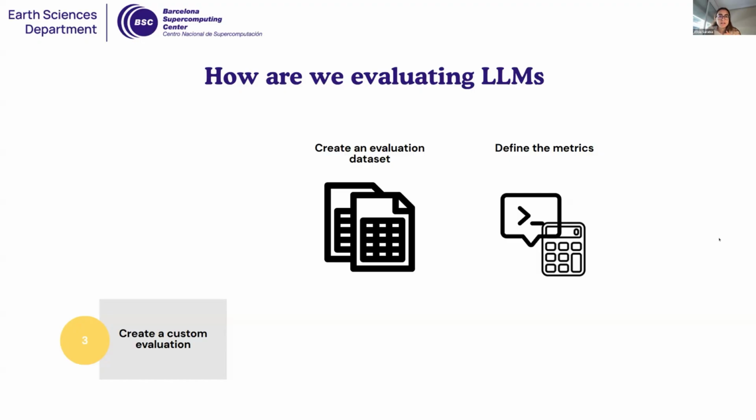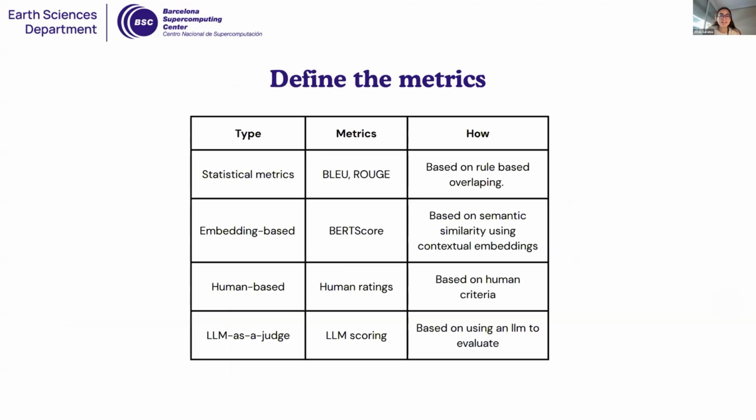For the metrics, you maybe want to start with statistical metrics like BLEU and ROUGE. What happens with these metrics is that they take into account the overlapping between words.